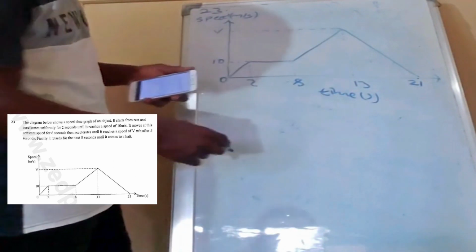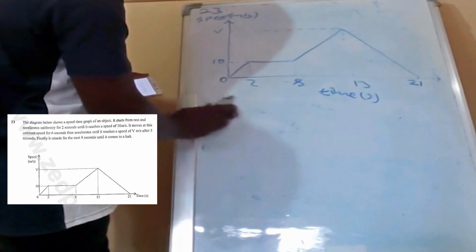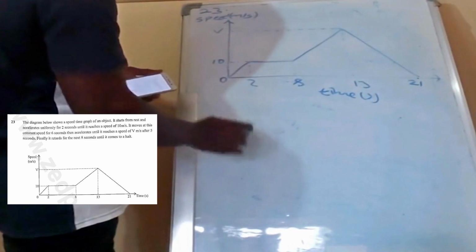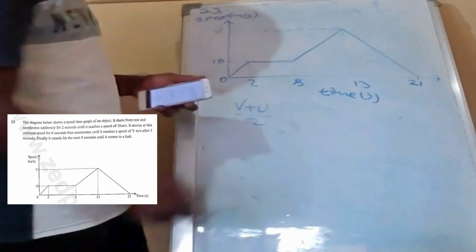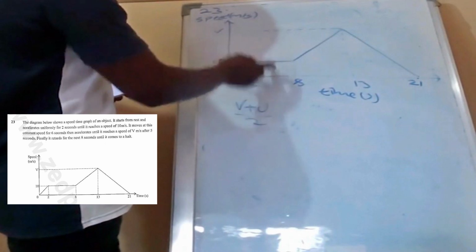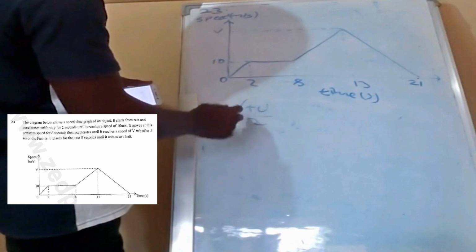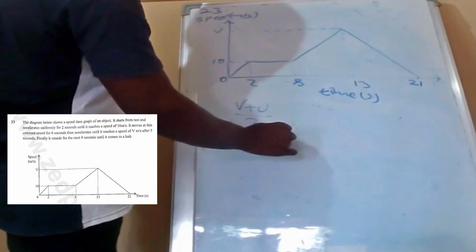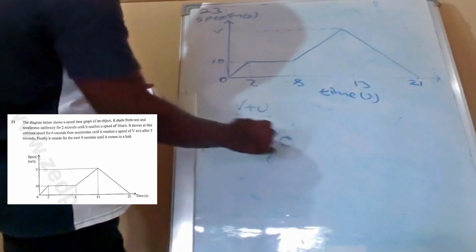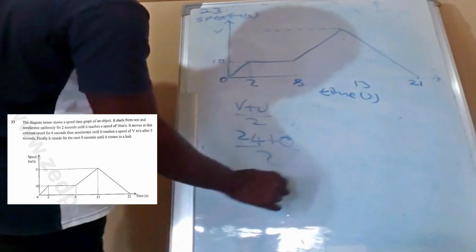To find the average speed, we say V plus U over 2. So we say 24 plus 0 over 2. 24 plus 0 is 24, and 24 over 2 gives us 12.